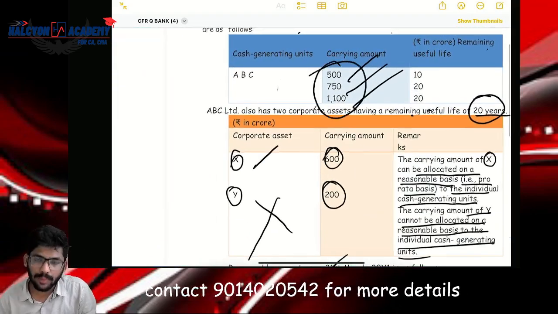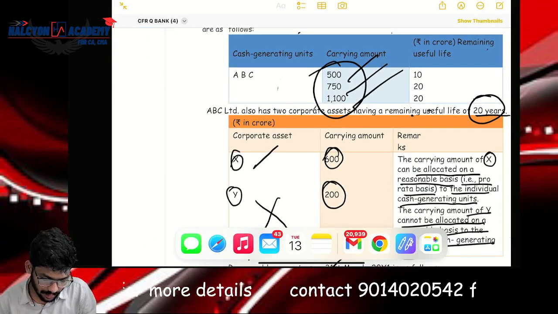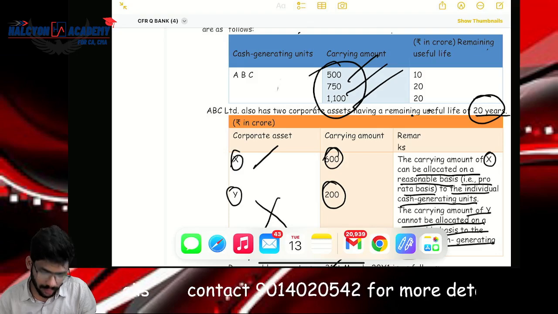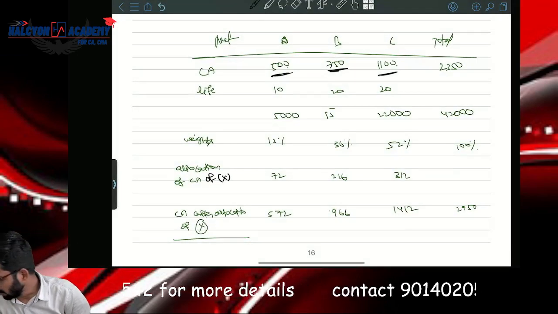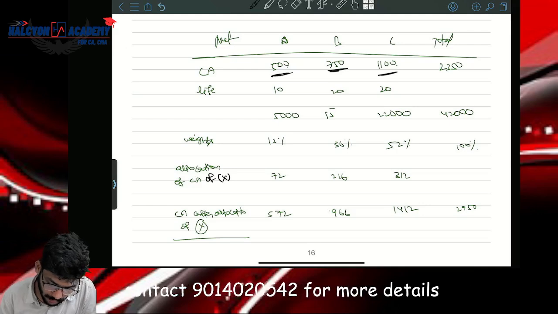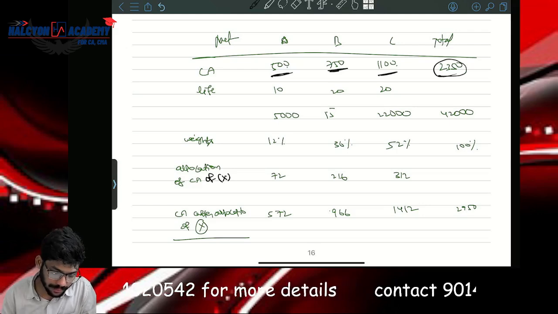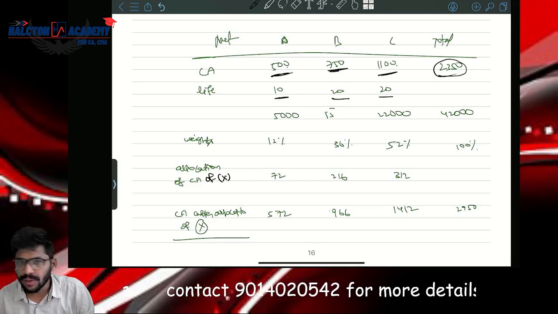So these are the carrying amounts. But the life is different, sir. We cannot say this value is higher, this value is lower. Exactly. The total is 2350. The life is 10 years, 20 years, 20 years.